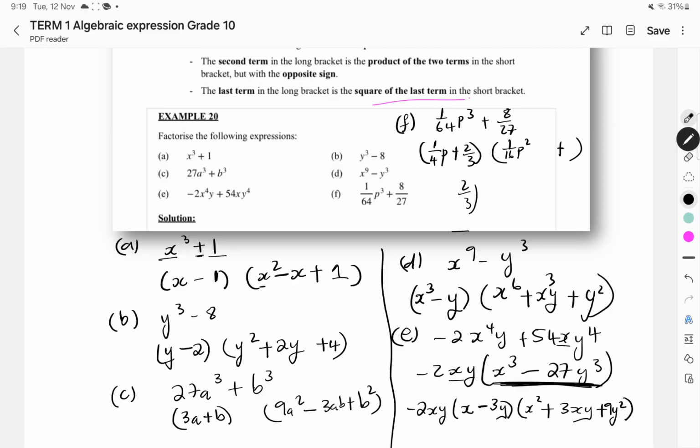You square 2 over 3, this will be 4 over 9. And then if it's plus, it's going to be minus, and then multiply the 2. 1 over 4p times 2 over 3. This will multiply: this is 2 over 4 times 3, it's 12p. So this is 1 over 6p.